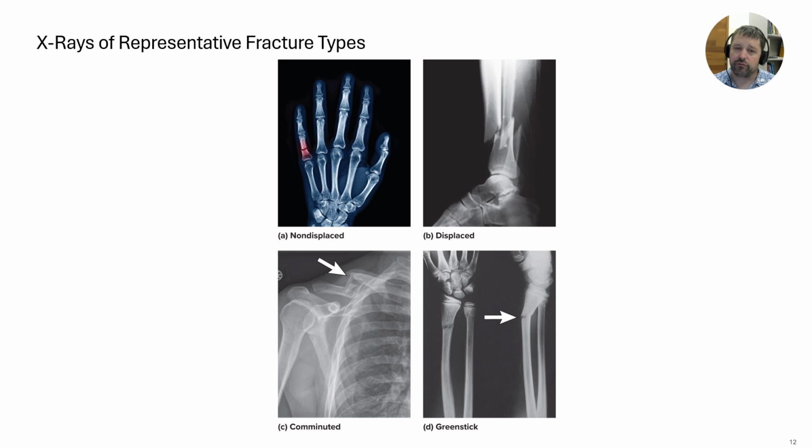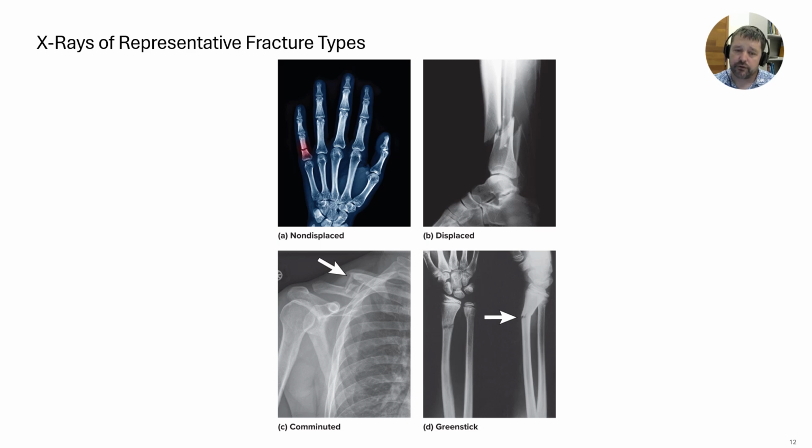The ligaments in this region, same deal, holding the bone where it should be, and the bone is non-displaced. Then you have displaced. A force has broken the bone, and then the bone is moved away from the other side, or vice versa.